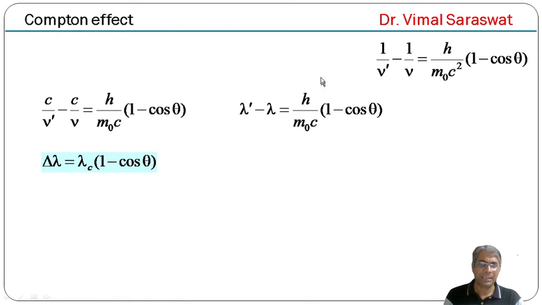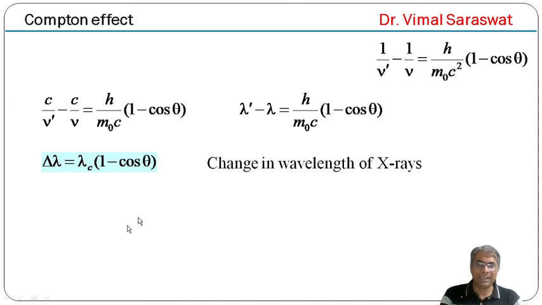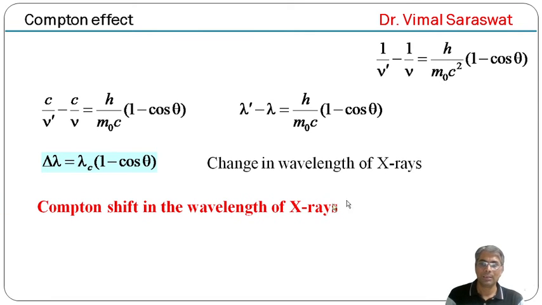So we replace h upon m naught c by lambda c, and this is known as Compton wavelength. And this equation represents the change in wavelength of X-rays. And this is actually the Compton shift in the wavelength of X-rays.